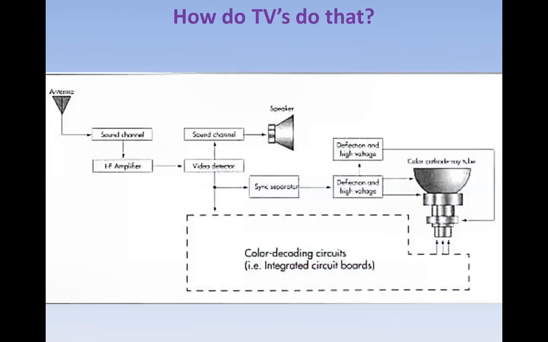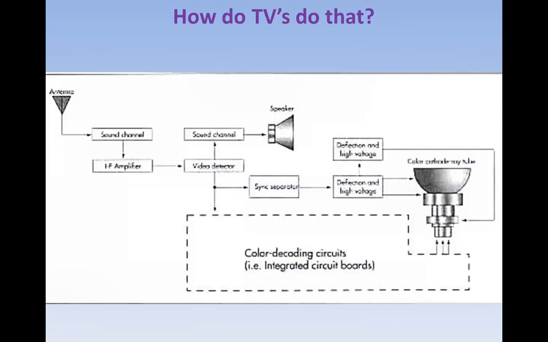Well, a TV has an aerial which picks up waves, sound and light waves, and puts that into a system. The system includes a sound channeler, an amplifier, a video detector, and it channels the sound through speakers.